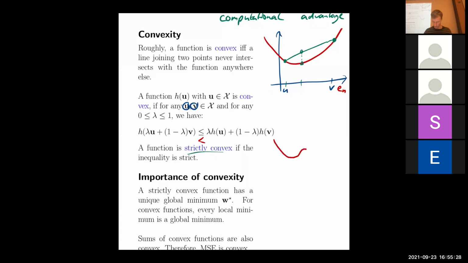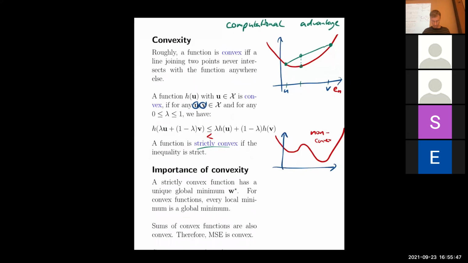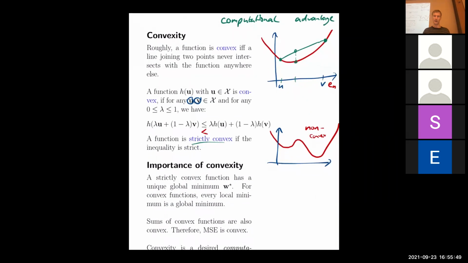And I want to give you an example of a function which is not convex. That's one which would be not convex. Yeah, I think you have seen this. Why is it making it more convenient?